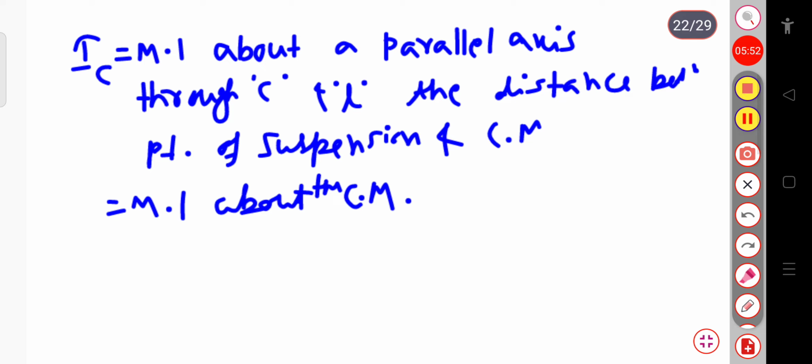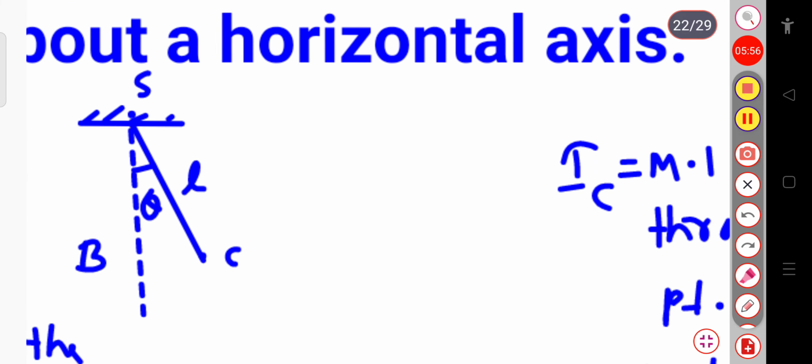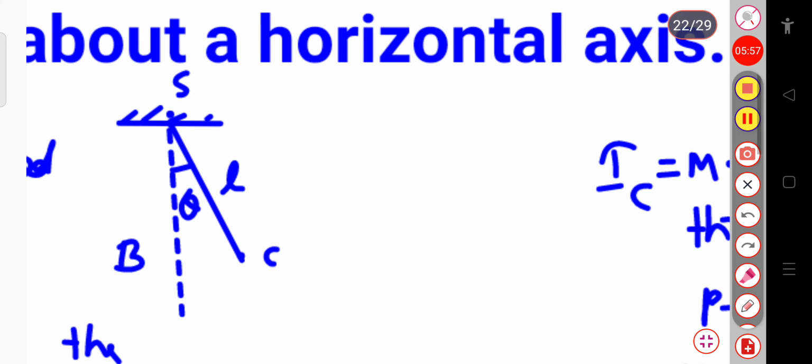Now you can see this theta is the instantaneous angle which this SC makes with the vertical axis SO, through suppose O. Then we can write the kinetic energy for it.